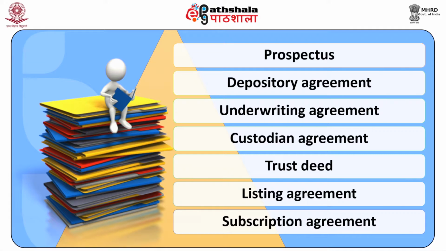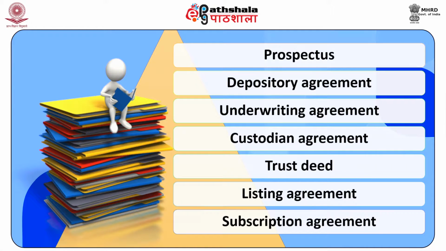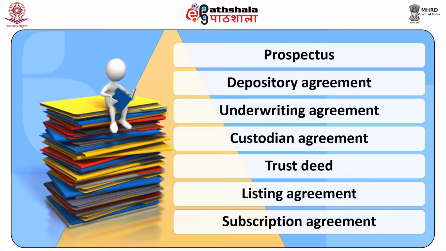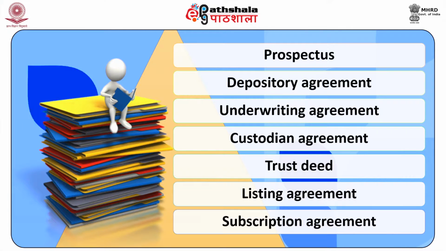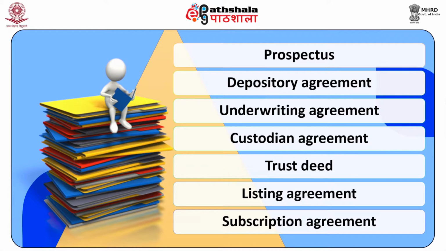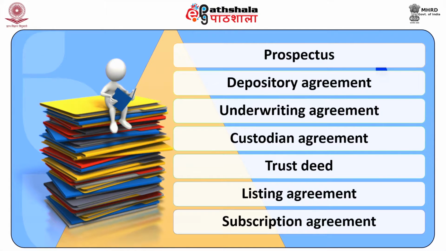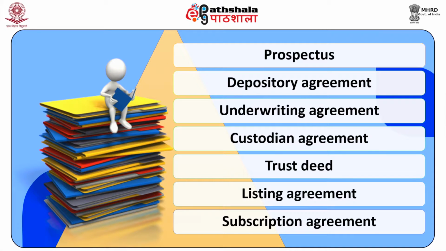Custodian agreement. In the issue process, an agreement is concluded between the custodian and the depository. A copy of this agreement is also enclosed. Trust deed. A copy of an agreement between the issuer and trustee is also enclosed. It describes the responsibilities and duties of the trustees for servicing the issue.